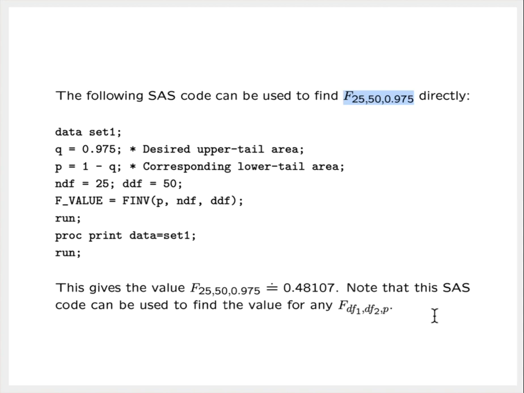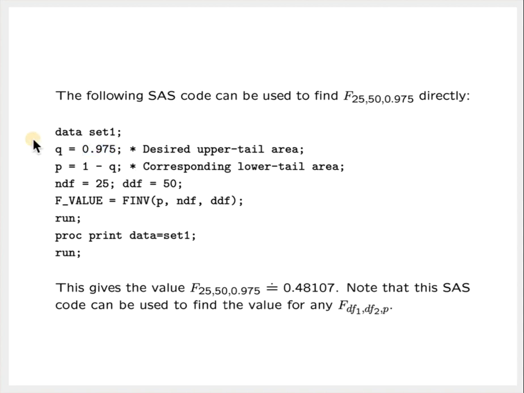Now, you can use this code to find any upper percentage point for an F distribution. All you would have to do is change the numerator and denominator degrees of freedom to what they need to be, and then change Q, which is the desired upper tail area, to whatever value you want.